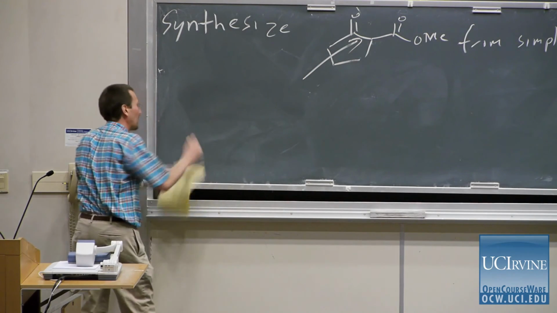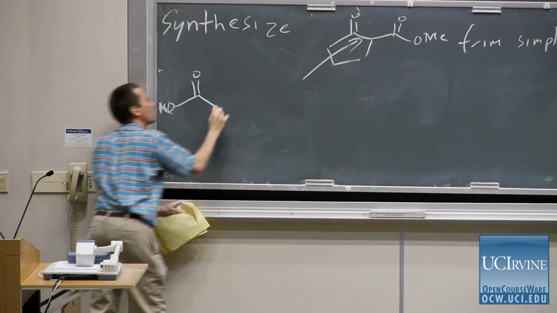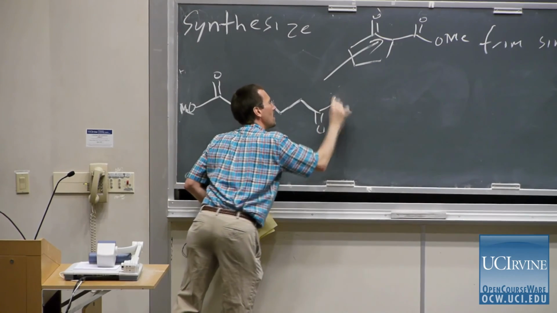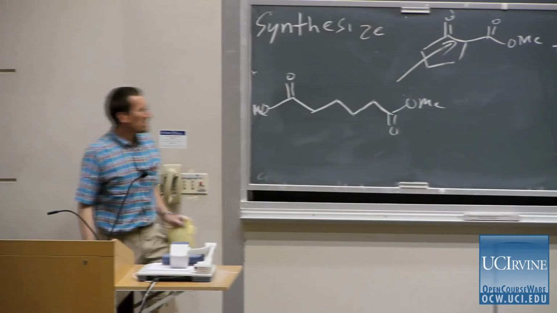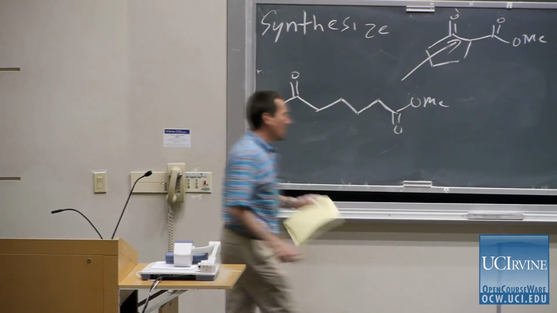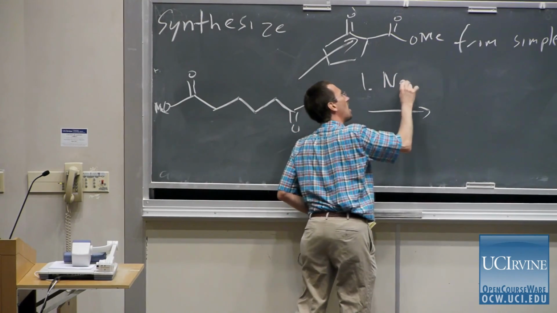Usually at this point in the class, I'll miscount. So I've got to make dimethyl adipate, the dimethyl ester of adipic acid. You could make that from cyclohexene if you wanted. And we'll treat it with sodium methoxide and methanol.